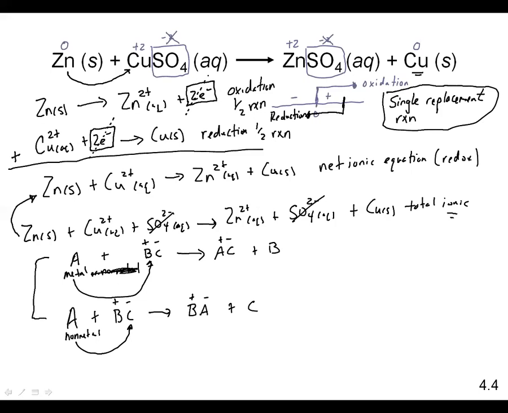And perhaps you remember that in order for this reaction to take place, whatever is coming in needs to be more reactive than what it is replacing. And if it's less reactive than what it's replacing, the reaction will not take place. So the guy coming in has to be more reactive. Any questions on any of that stuff there?